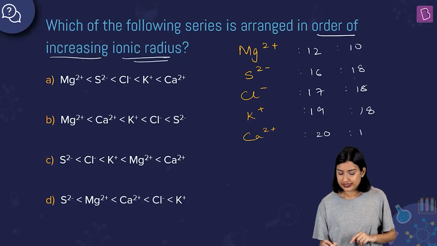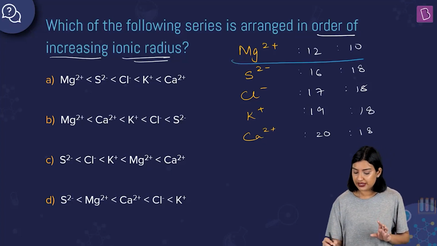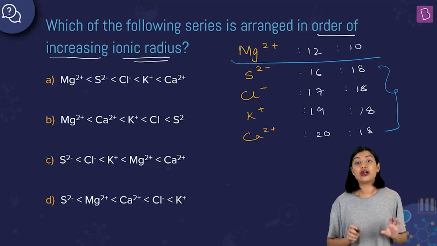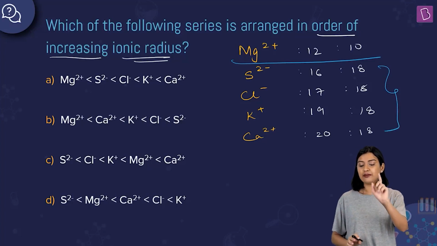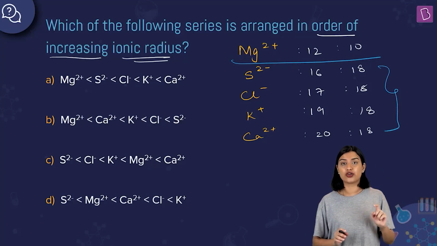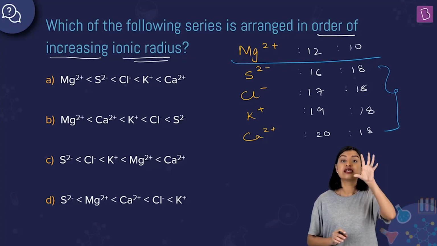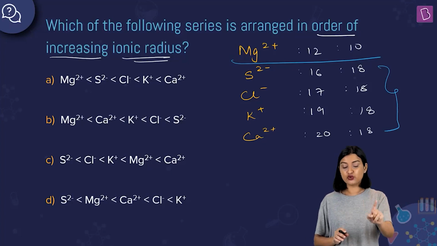Calcium 2+, again 18. So apart from magnesium 2+, all of these are isoelectronic species. Magnesium 2+ has only 10 electrons, which means one less energy level, one less shell. So magnesium 2+ is going to be the one with minimum ionic radius.